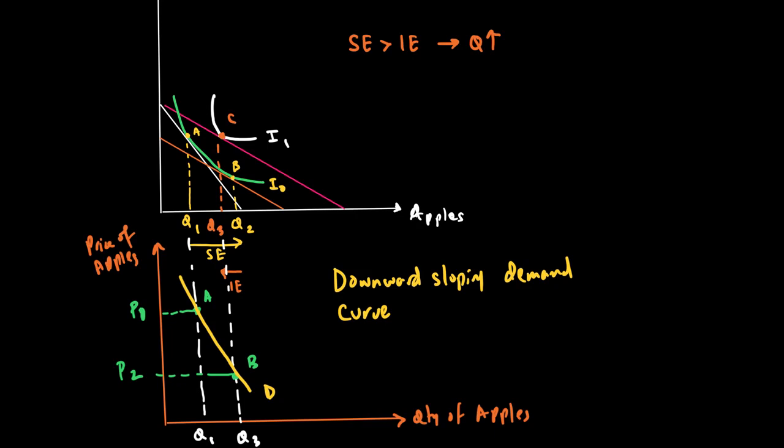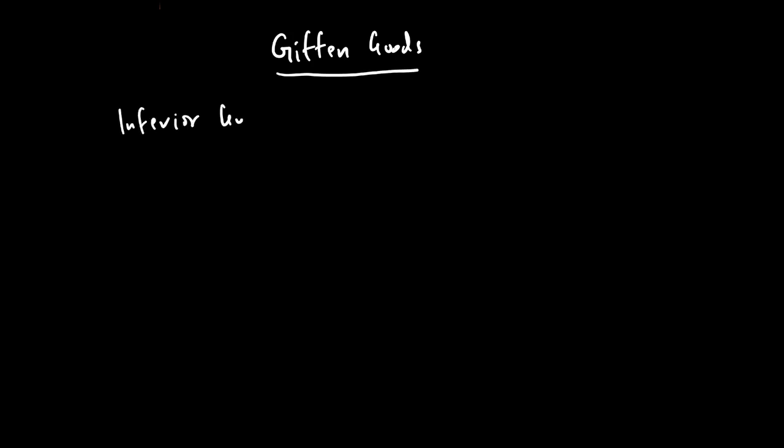Our last discussion is about what we call Giffen goods. What are Giffen goods? Well, Giffen goods are kind of inferior goods. They are kind of inferior goods, which means that they have what we call a negative income effect.